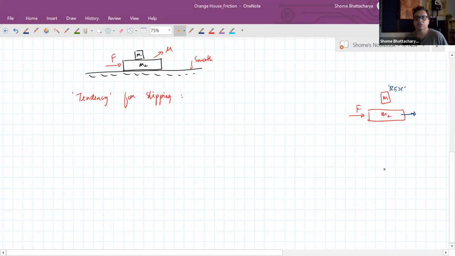So the tendency for slipping would be that M2 tends to slip forward, towards right, with respect to M1, because M1 tends to remain at rest and M2 tends to slip in this direction.